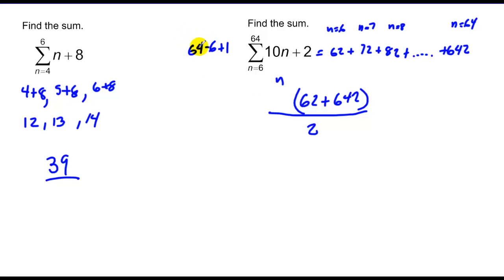So we end up with subtracting 58, adding 1, getting 59 terms. And this will get me the sum of these 59. And I plug all that into my calculator, and I end up with 20,768.